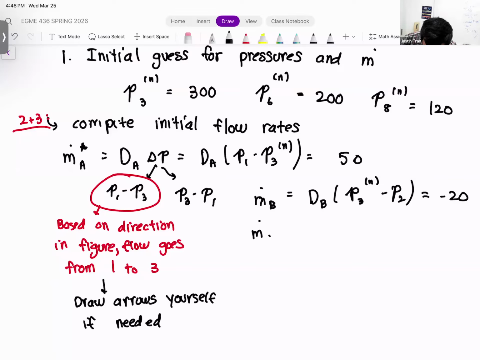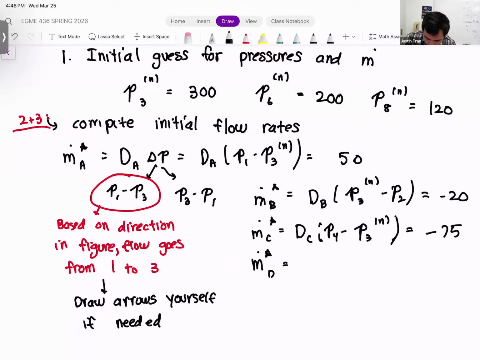Next, we have m dot C. We have dC times P4 minus P3N. This gives us minus 75. And all these need to have stars on them. m dot D is going to be dD in pipe D times P3N minus P6N.